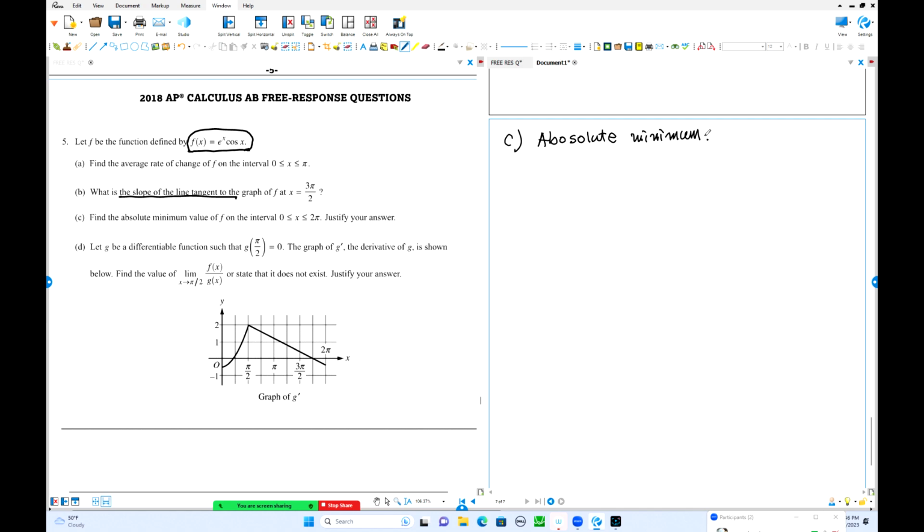Only 0 and 2 pi, because we don't know what the graph at 0 looks like over here.